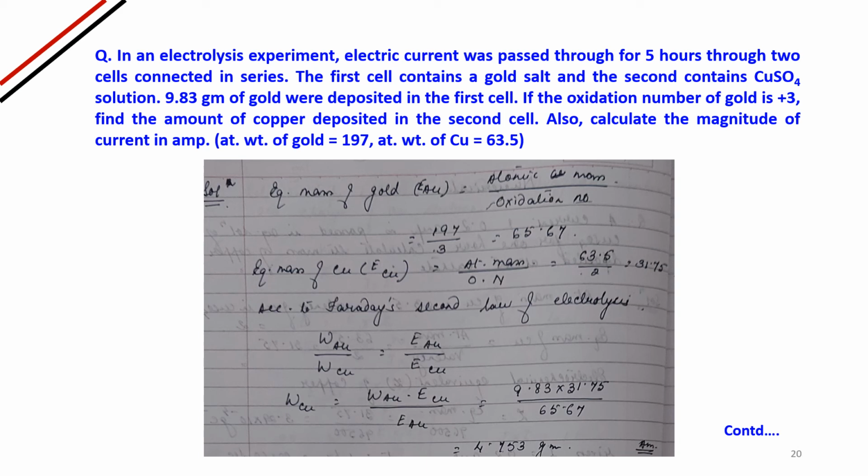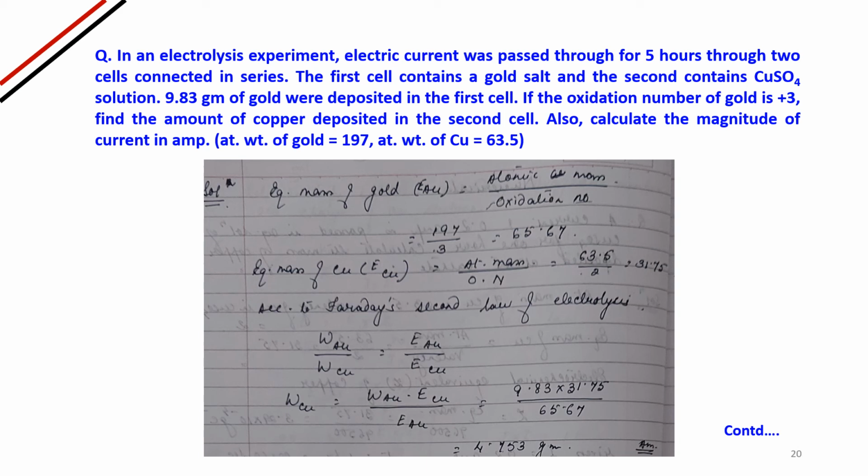If the oxidation number of gold is +3, find the amount of copper deposited in the second cell. Also calculate the magnitude of the current in ampere. It is given atomic weight of gold is 197 and atomic weight of copper is 63.5.